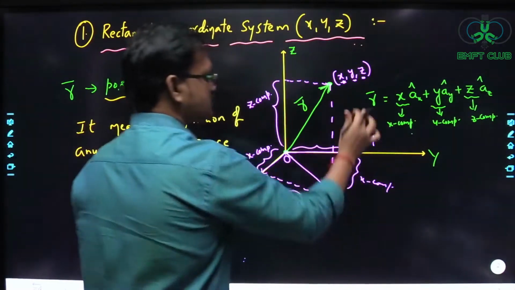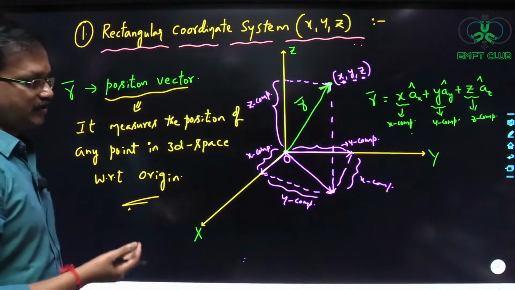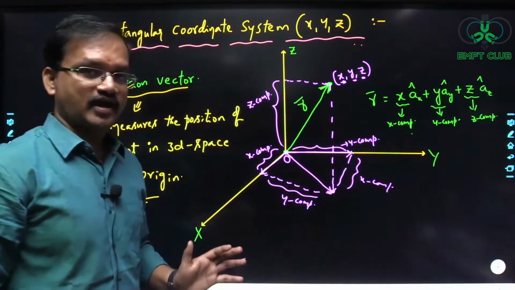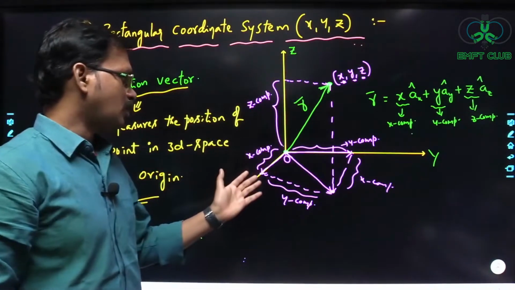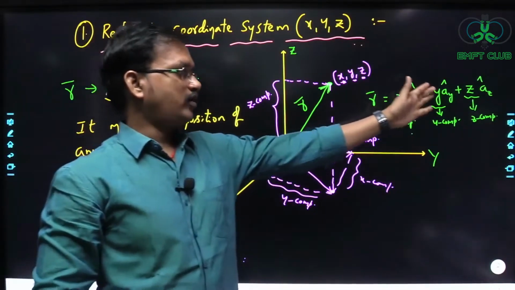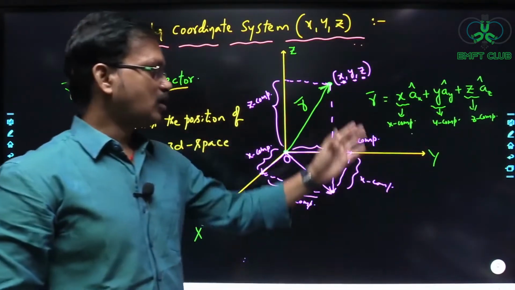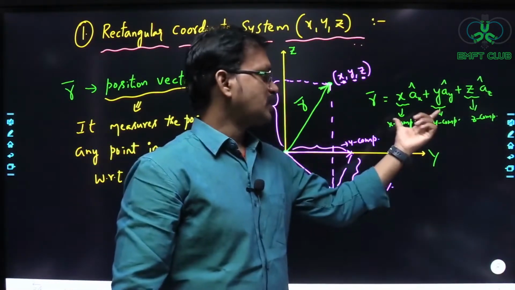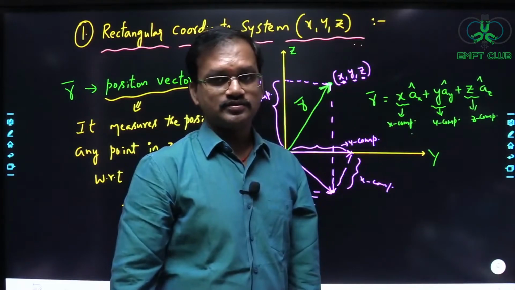Since r bar is neither along our reference axes, it has components along those axes. The component of r bar along x direction is x, along y direction is y, and along z direction is z. So it has all three components, right?